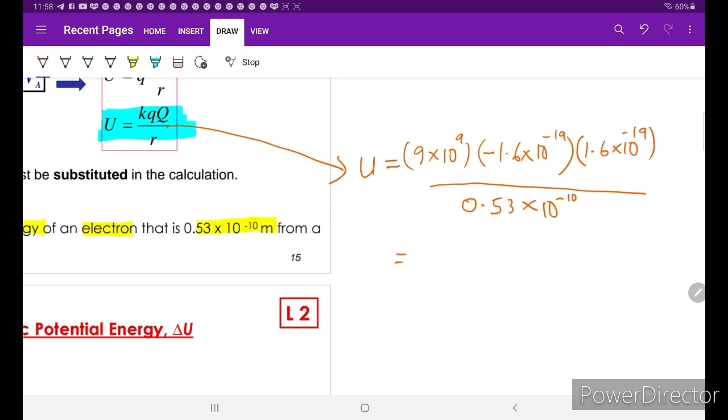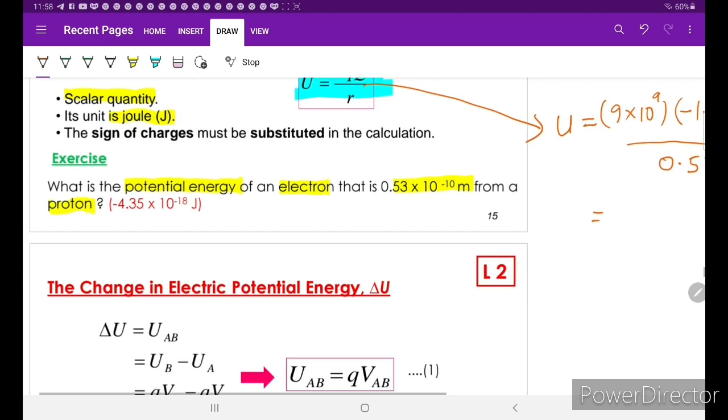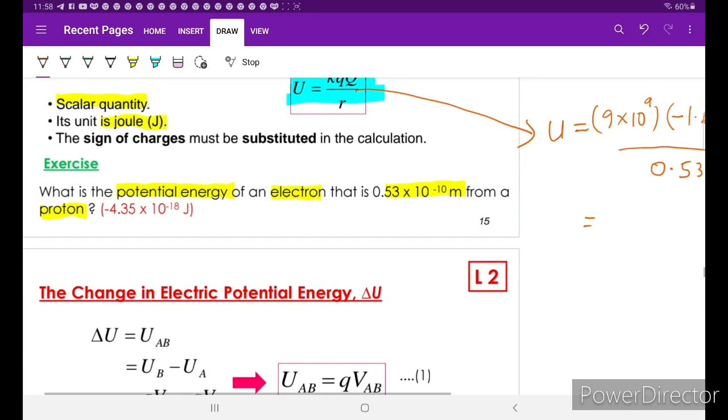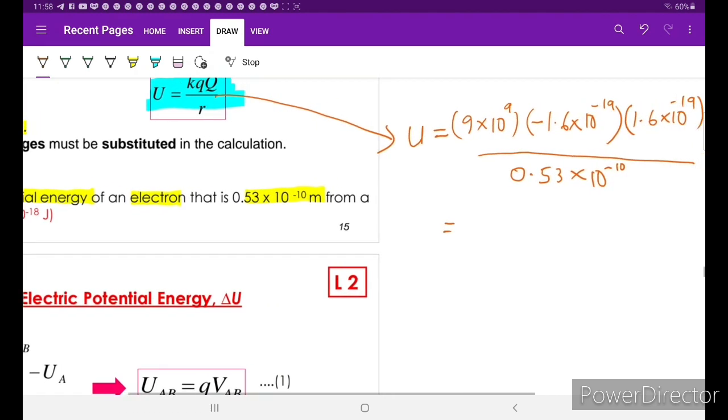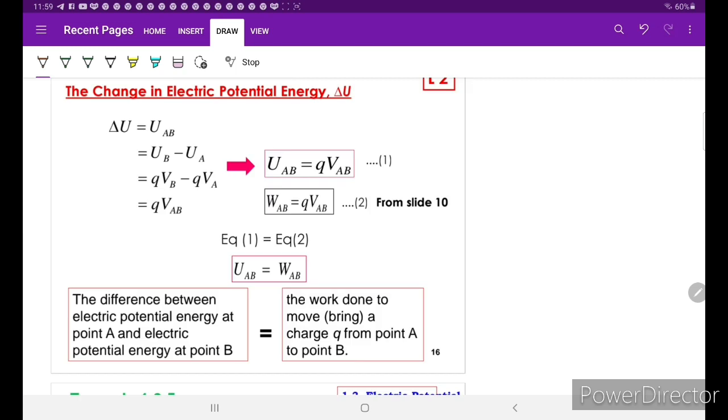So let's find the answer. You must get the answer, negative 4.35 × 10^-18 joule. Don't forget the unit. The unit is joule.